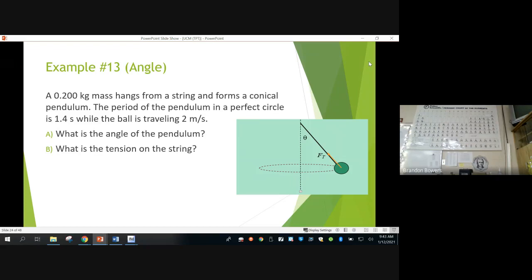How can you use those equations to your advantage? How can you use that information?